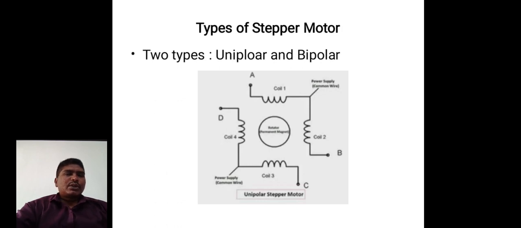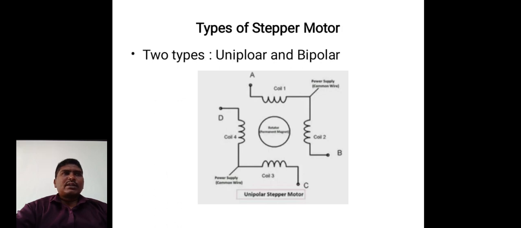Here we are using unipolar. If you see this figure, A represents coil 1, B represents coil 2, similarly C and D. The unipolar stepper motor generally has 5 or 6 wires, in which 4 wires are one end of the 4 stator coils and the other end of all 4 coils is tied together, which represents the fifth wire.